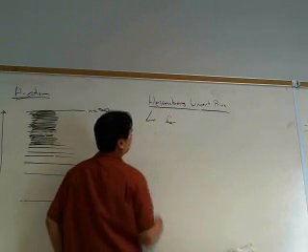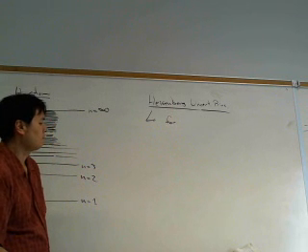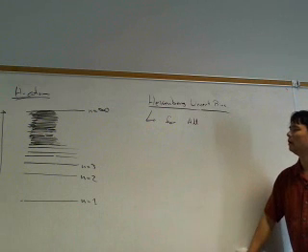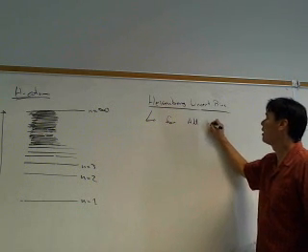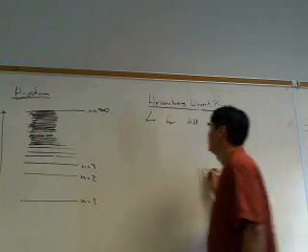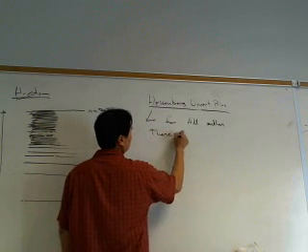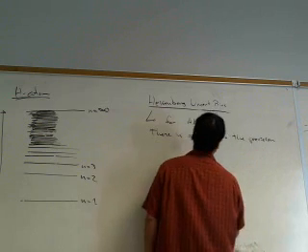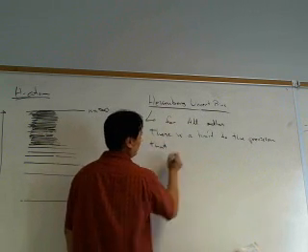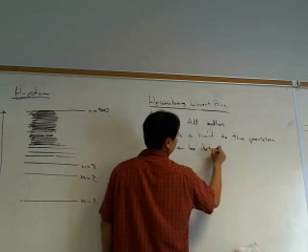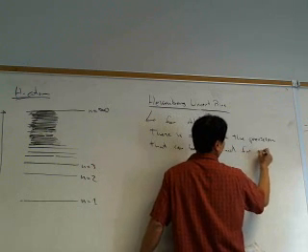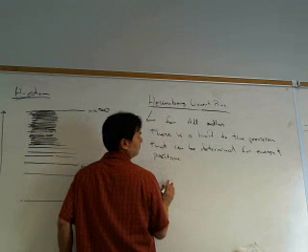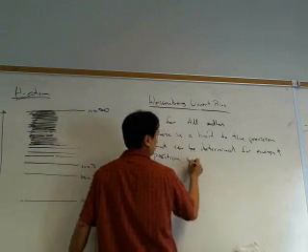For all matter, there is a limit to the precision that can be determined for energy and position simultaneously.